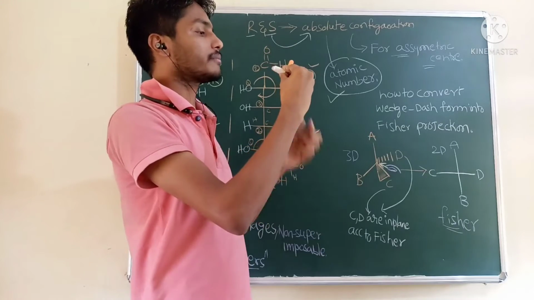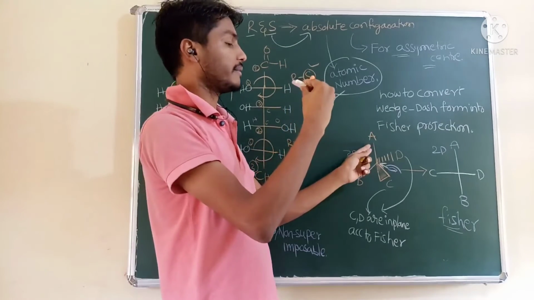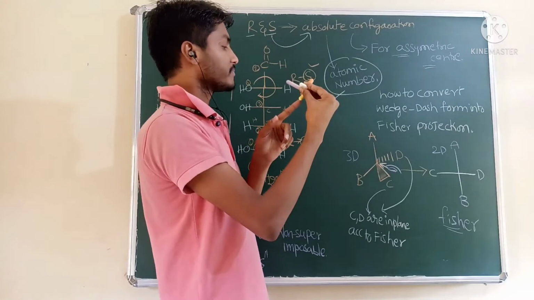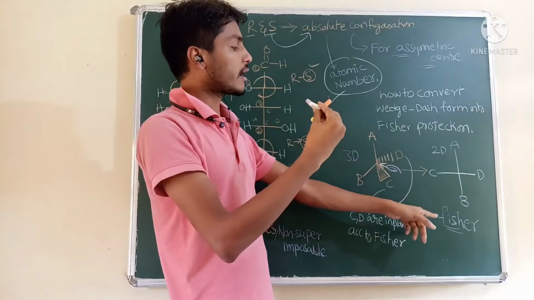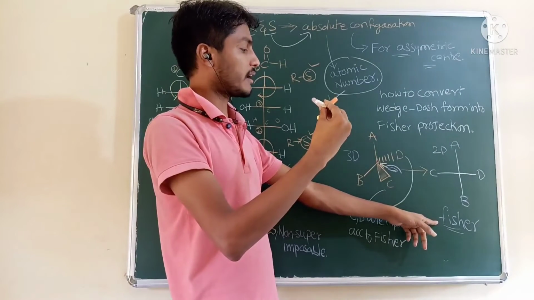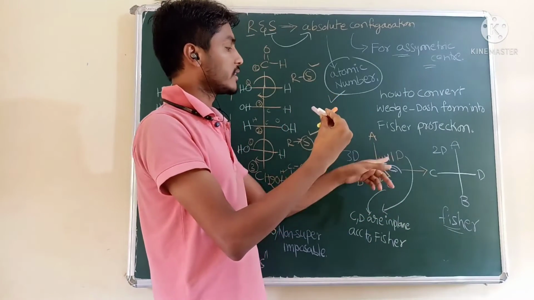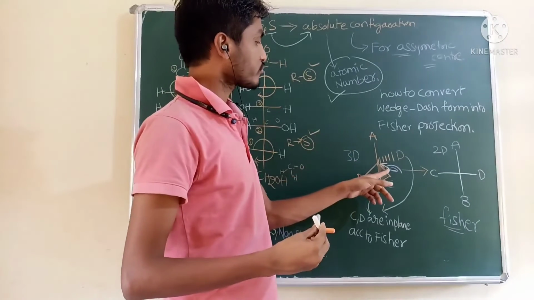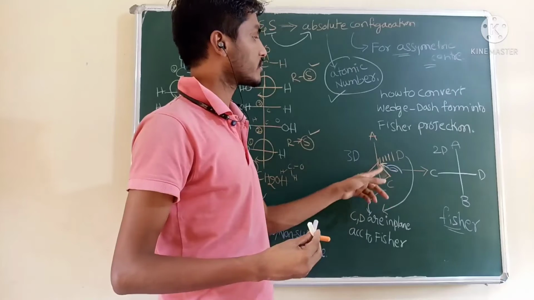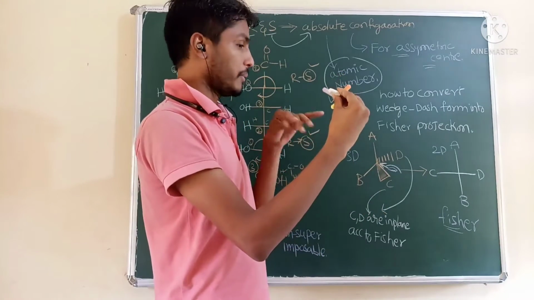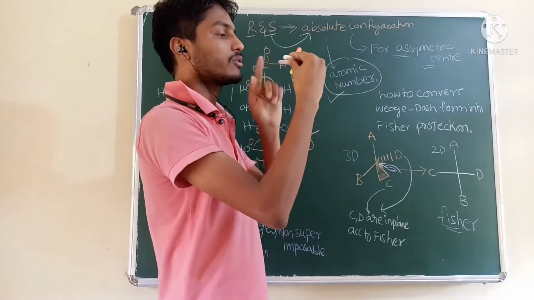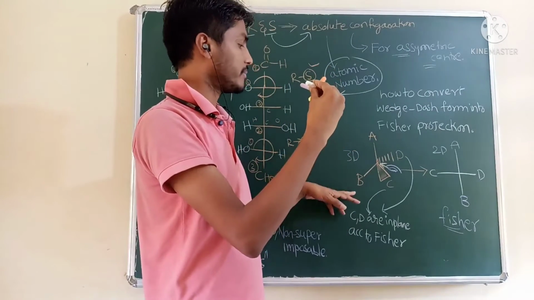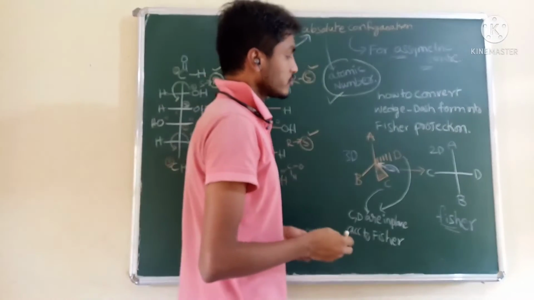If any atom is present upside, that is A. If anything is present downside, we consider it as B. According to Fischer, with wedge and dash projection, we take the in-plane bonds between two eyes, A present above the plane and B present below the plane.